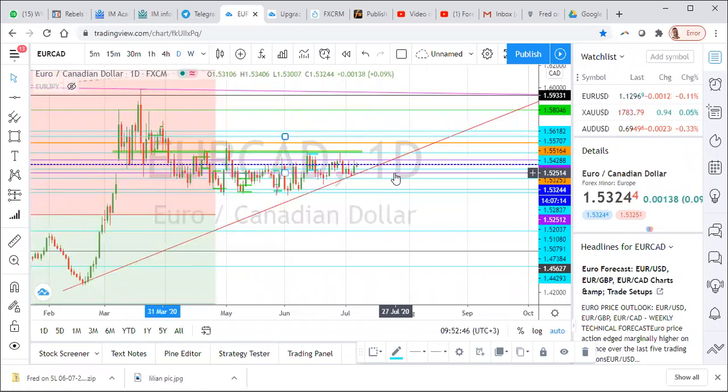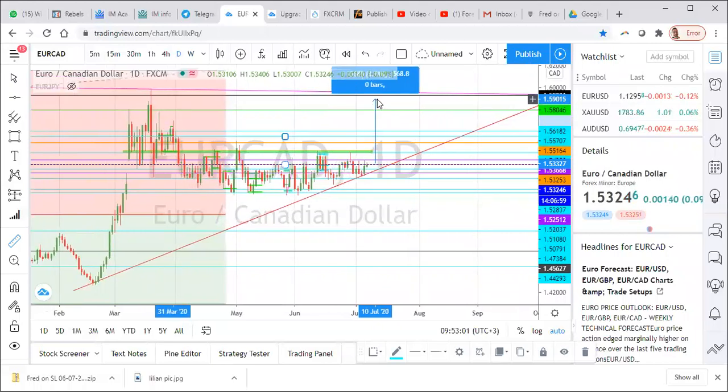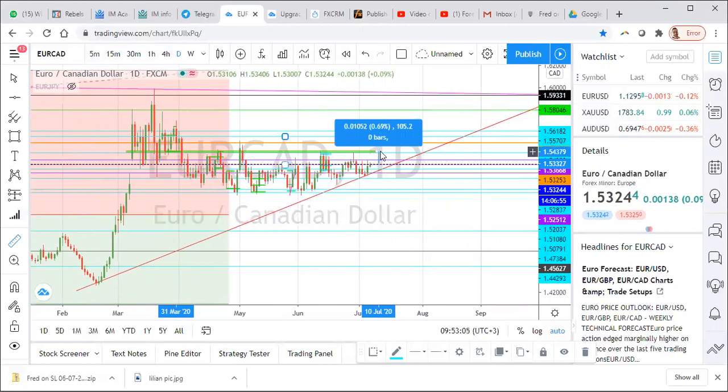Perfect rejection. EuroCAD has been ranging, like it needs to fill this gap. So I'm very biased. It will go up about 90, 100 pips, and then boom. Actually, it could go all the way up to fill that gap, 500 pips. So I am biased for EuroCAD, 90 to 100 pips.